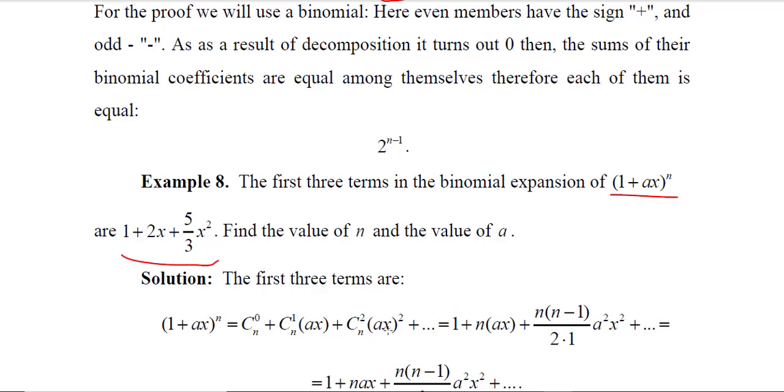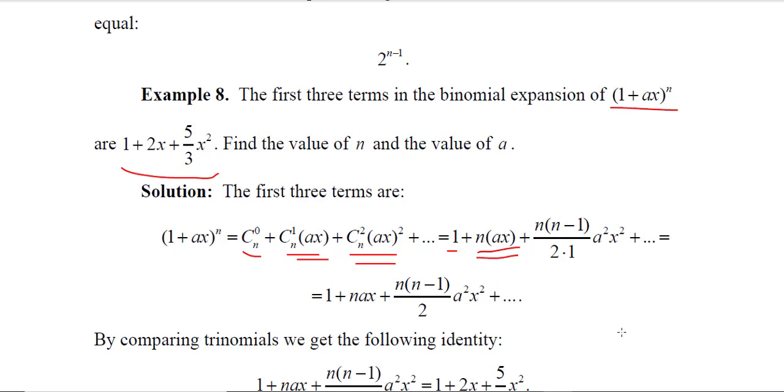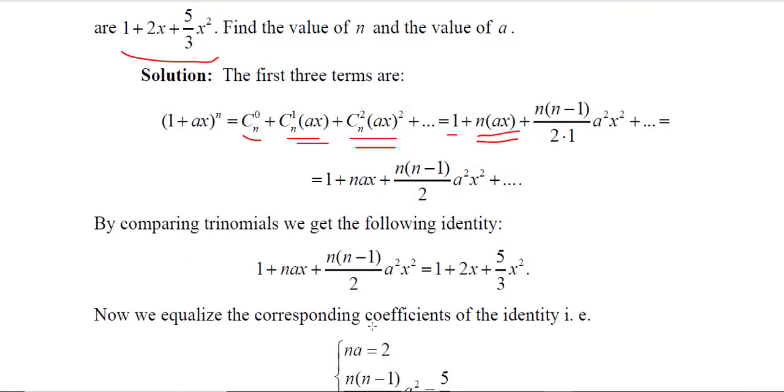And let's open it. So this one is equal to 1. Then this is equal to n times ax. Then it's equal to n(n minus 1) over 2 times a squared x squared. Now, comparing these like terms, we'll get the following identity. So this one equals the given one.